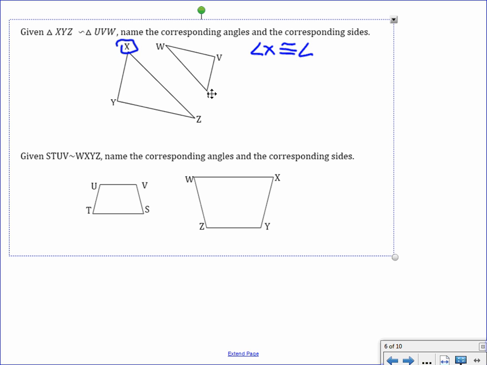W, V, or U? It would be U, because we have turned the second triangle. Angle Y would be congruent to angle V. And finally, angle Z is congruent to angle W.